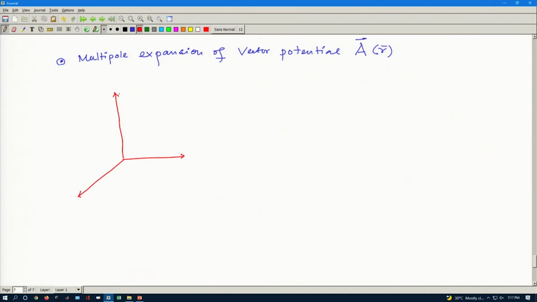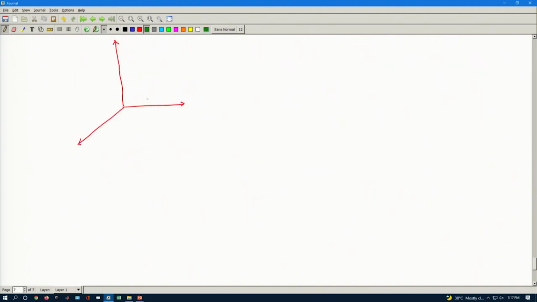This is my coordinate system, and I have a current loop like this, and the current flowing here is I. This is the origin, and I want to find out the magnetic field produced at some point P here.